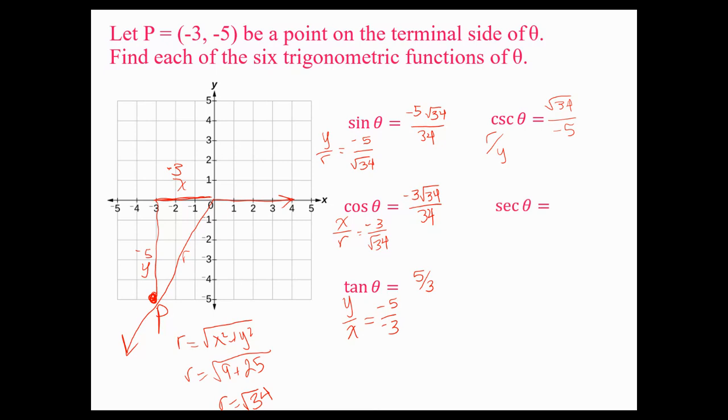The secant of theta is going to be r over x, which is going to give us square root of 34 over negative 3. And then our cotangent, which is going to be x over y, which is negative 3 over negative 5, simplifies to positive 3 over 5. Again, notice that cotangent and tangent are both positive here where everything else is negative.